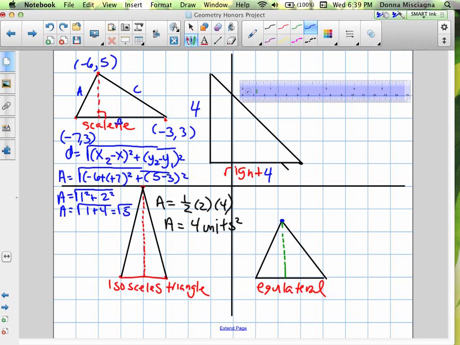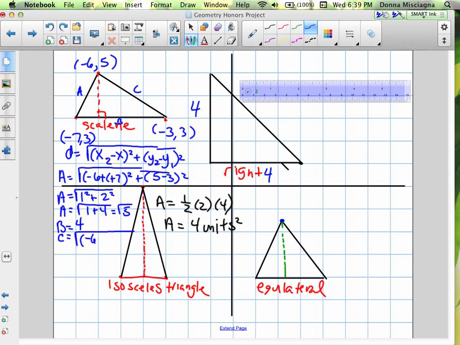All right, so now I don't have to worry about B because B is 1, 2, 3, 4. You don't have to use the distance formula if it's a horizontal or vertical line. And then C, I'll start with negative 6.